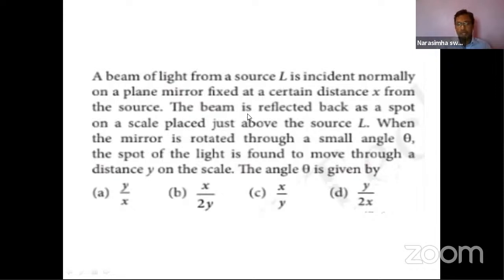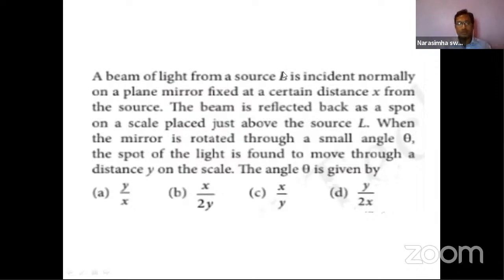Now the beam is reflected back as a spot on the scale placed just above the source L. We should picturize this. When the mirror is rotated through a small angle theta, the spot of light is found to move through a distance y on the scale. Then we are asked what is the angle deflected.